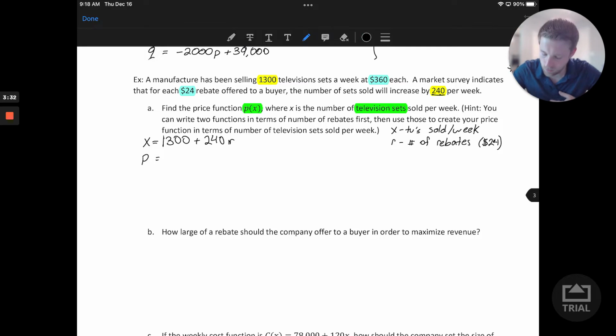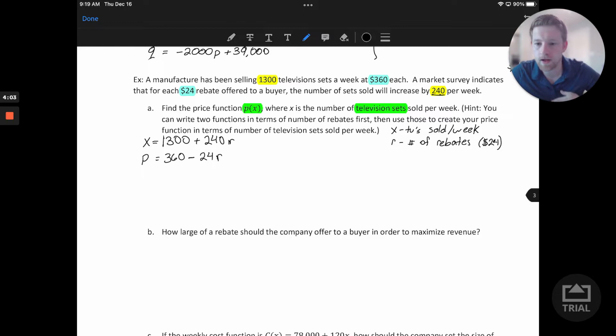We would say that currently we have $360 per set, and then we're going to subtract, this is important, since we're discounting our price for every rebate. So that would be negative 24 times R, the discount that we get for our rebates. So for instance, if we had only one rebate, we'd subtract 24 from the price. If we had two, we'd subtract 48, and so on.